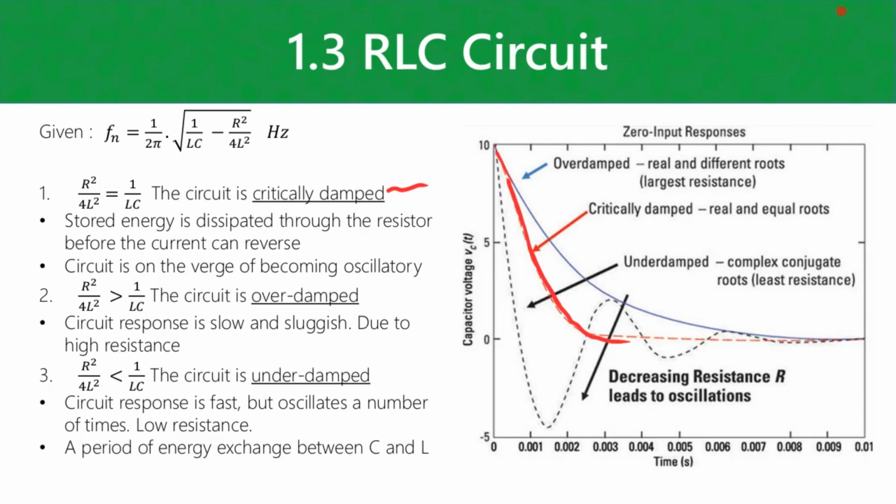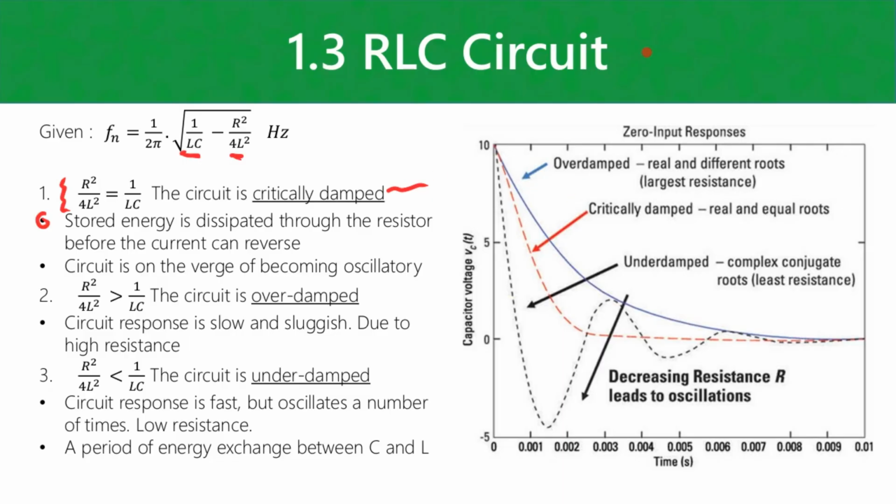In our natural frequency formula, this would occur when these two terms are equal to one another, in other words, you have a 0 under the square root.